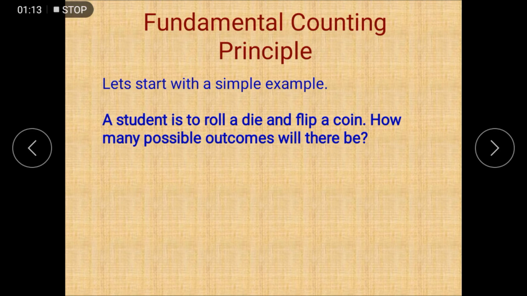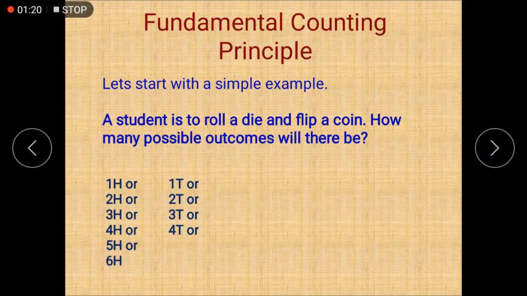If we think logically, it may be the number 1 on the die with a head on the coin, or the number 2 shows up on the die and the coin still has a head, or number 3 on the die and a head, and so on. Or the coin shows tail, and the die may be the number 1 to 6. So here you will see there are 1 2 3 4 5 6 until 12. There are 12 possible outcomes.